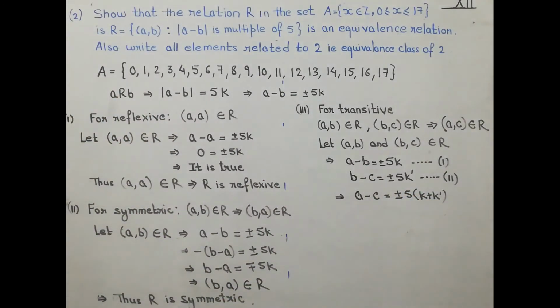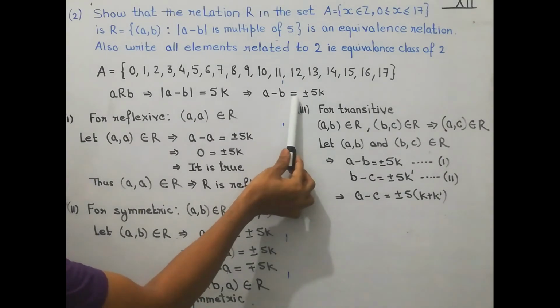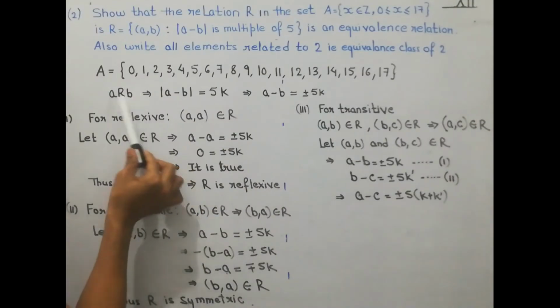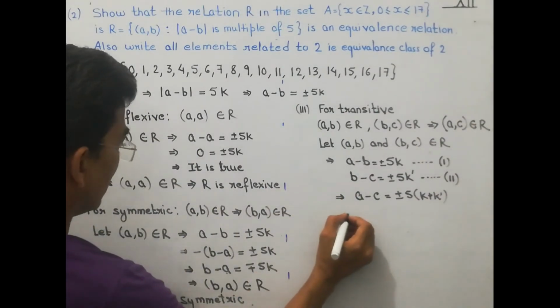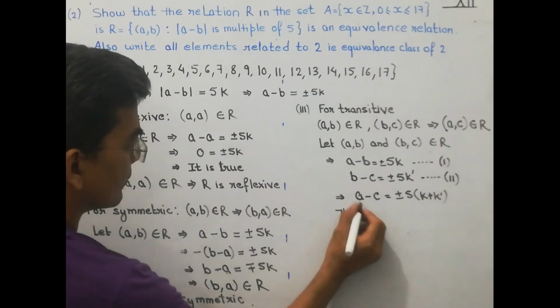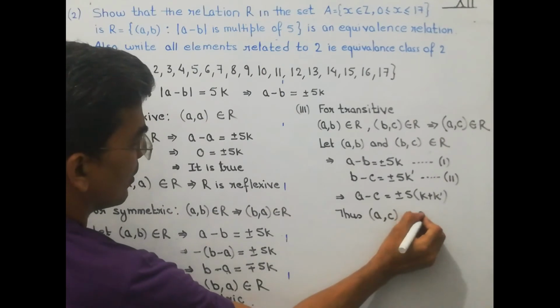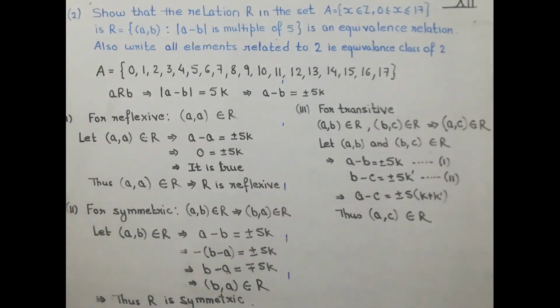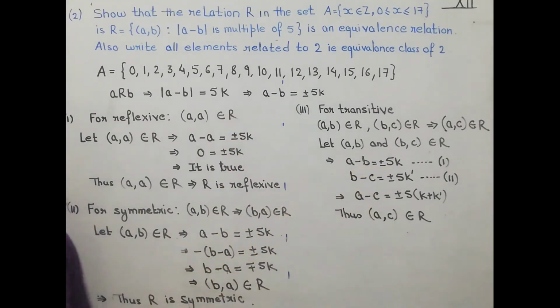Now again you are getting the relation that a minus c is equal to a multiple of 5, and we know that from this relation, whenever the difference is equal to a multiple of 5, then that ordered pair will belong to that relation. So here we can say, thus (a, c) belongs to R. See, when (a, b) was belonging to the relation, a minus b was a multiple of 5.